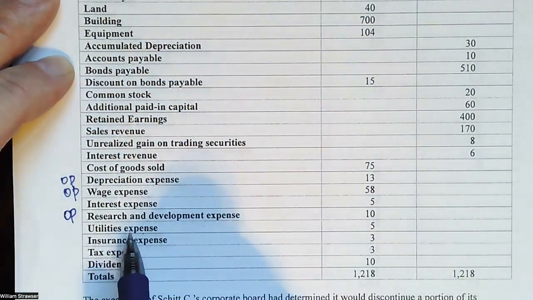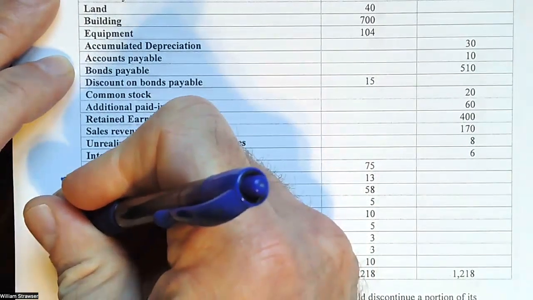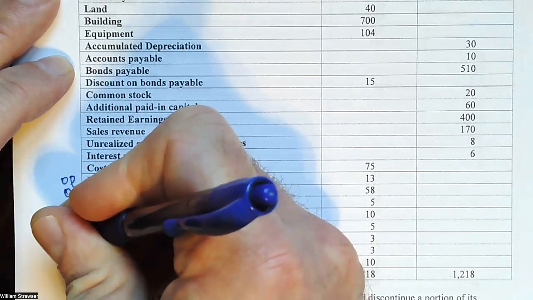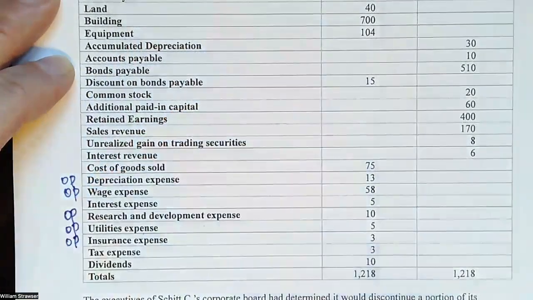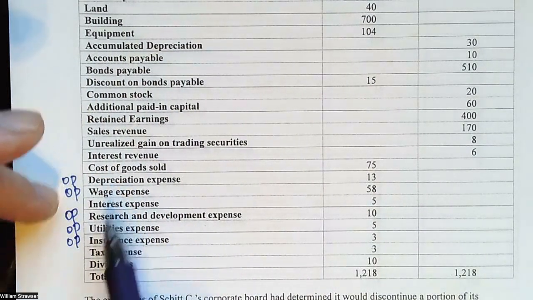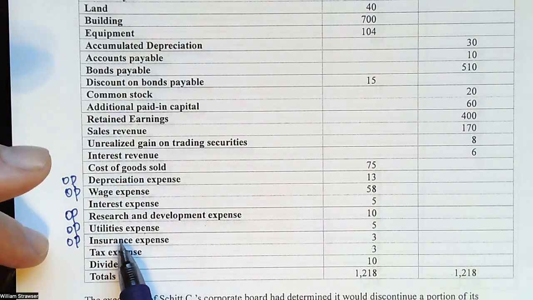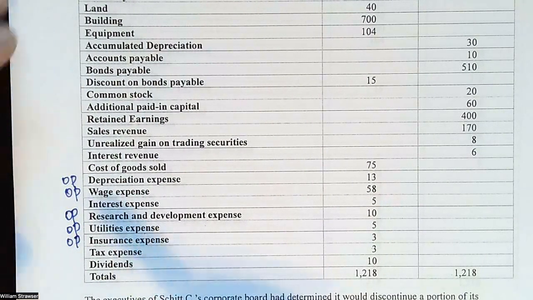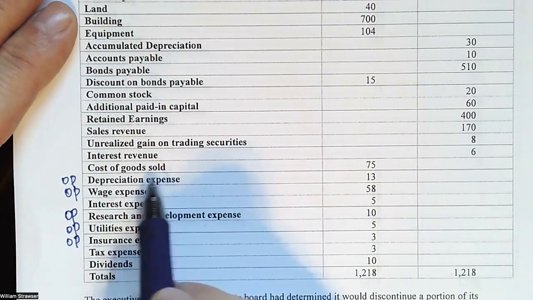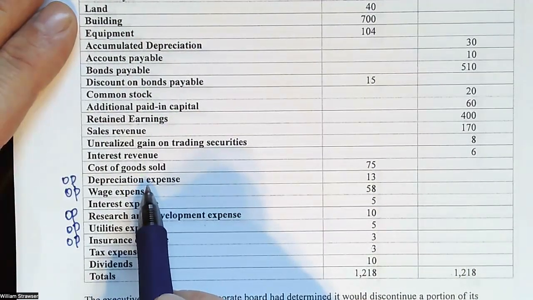Utilities expense, that's an operating expense. Got to keep the lights on, got to keep the water running. Insurance expense, got to make sure we're covered for incidentals and issues that happen at the workplace and to our customers. So now we have these operating expenses. Now, some of these are separately disclosed, right? Depreciation expense is separately disclosed for Wall Street tycoons who like to back out depreciation when they're assessing earnings. They add it back.